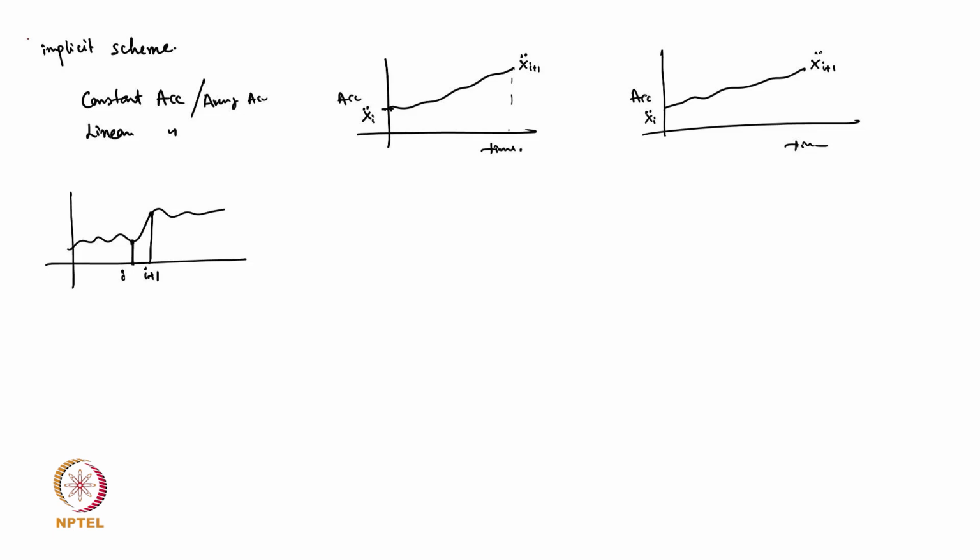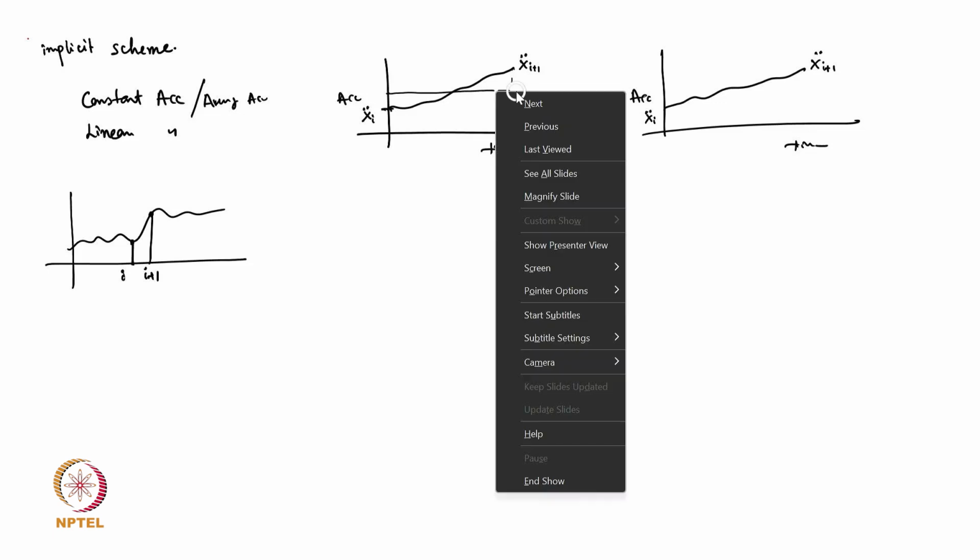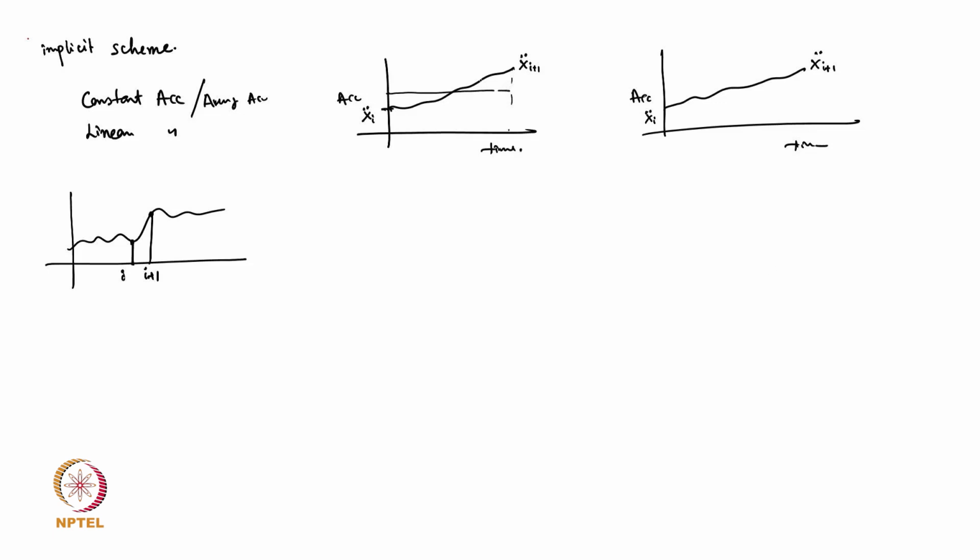In the first case, you will assume that your acceleration is varying like this throughout the domain. So this value will be the average of these two. And here you will assume that it varies linearly.